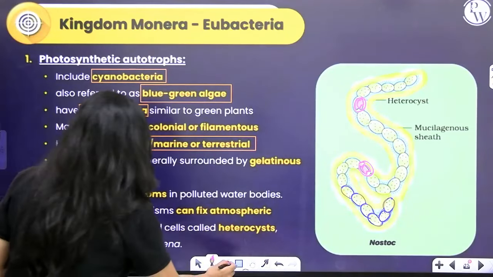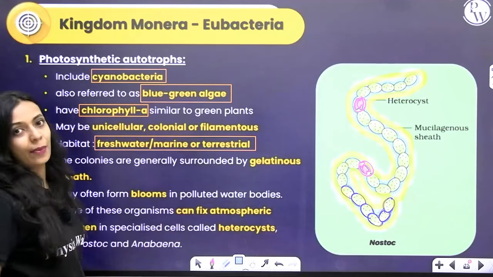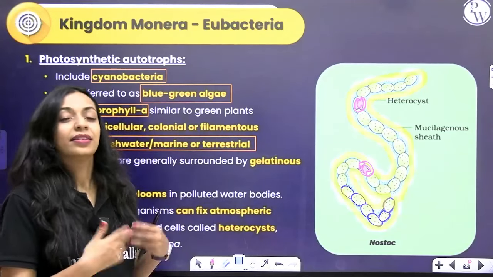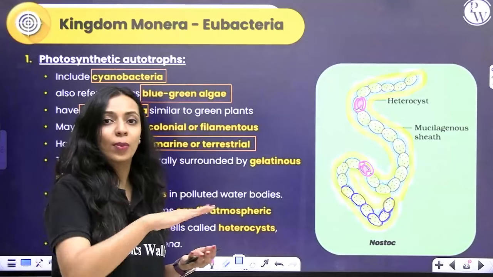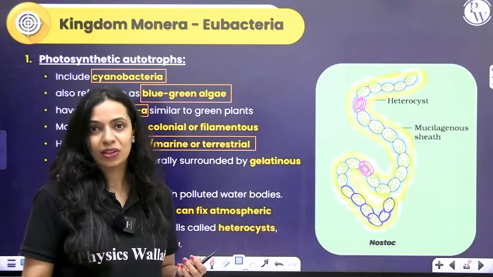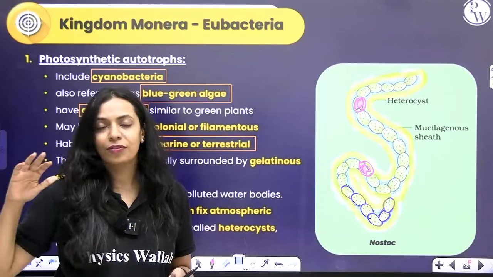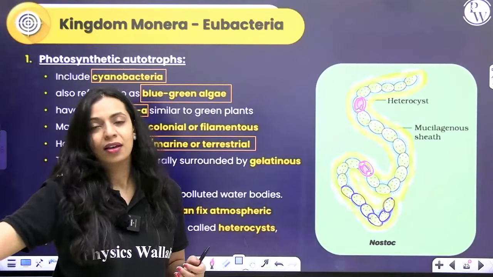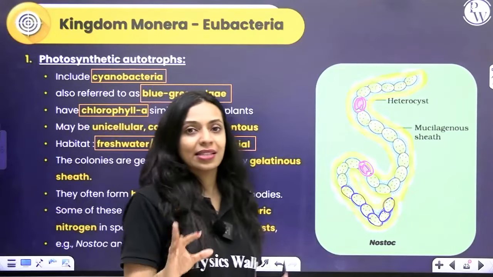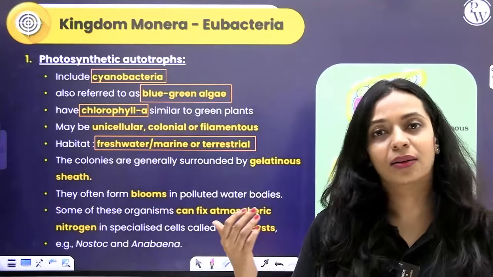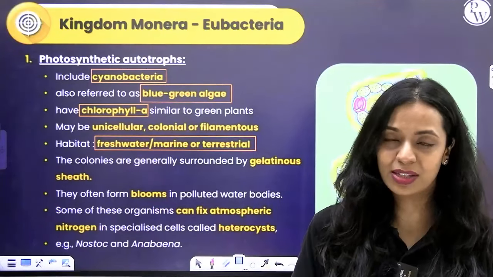And sometimes, since they live in aquatic habitats in water bodies, because they multiply very rapidly, they grow too fast and form water blooms, or you can call them algal blooms. On the surface it will form a continuous layer, which can sometimes secrete toxins into the water body and kill or harm the fishes and animals that are present there.